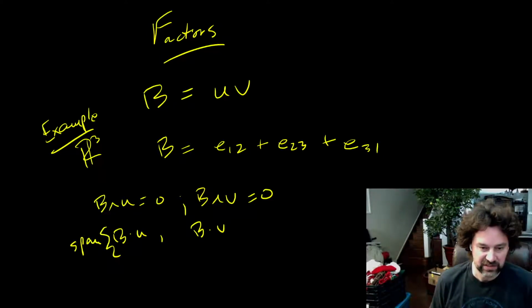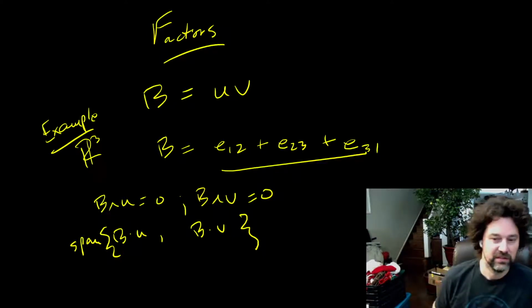So our plane is actually spanned by those two vectors. But how would we find a vector that lies in the plane if all we have is a bivector?